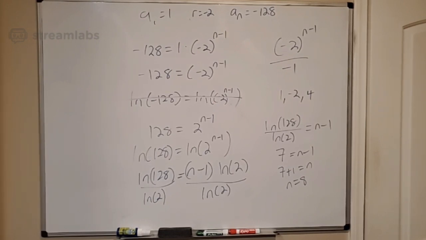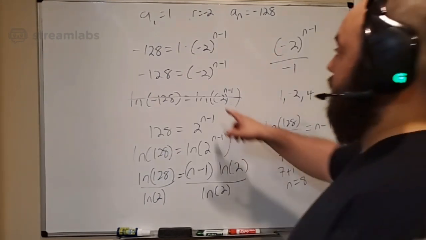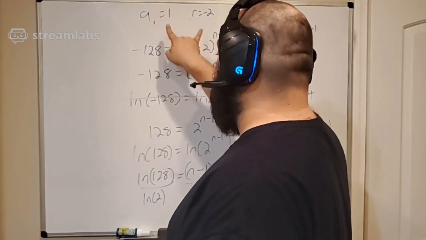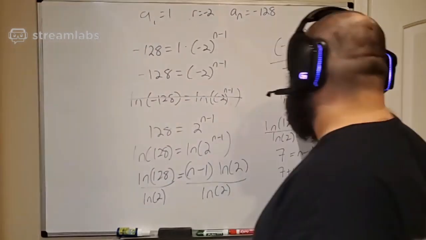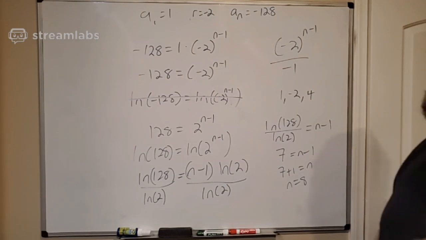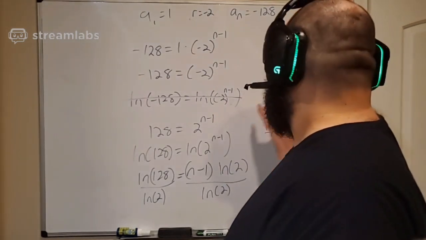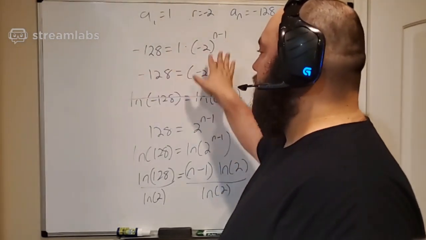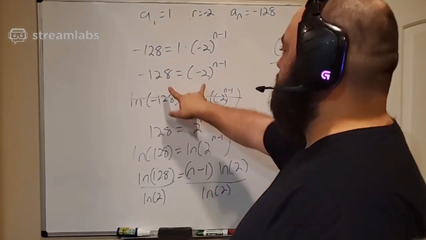Then we either would have started with a negative number here, so we could have started with this being a negative, and then other compensations will have to be made. So you want to look at that and see what's going on. It would have been an odd number at that point, and we would still end up being the same conclusion, is that I just need the number of terms. I don't necessarily need the negative part.